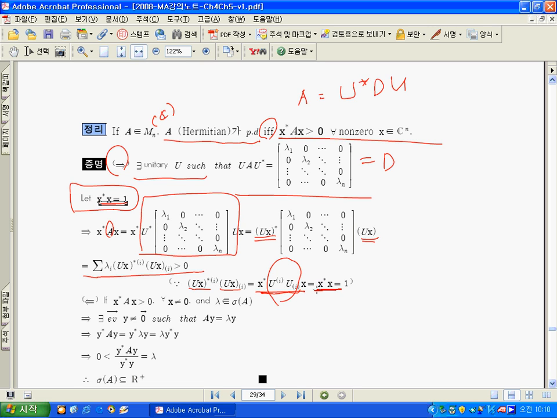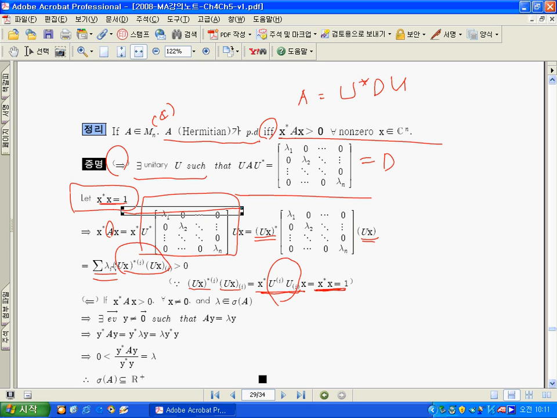So this can be written in this way. All of these are 1, but that means the lambda i's are all positive. This is true for each i.